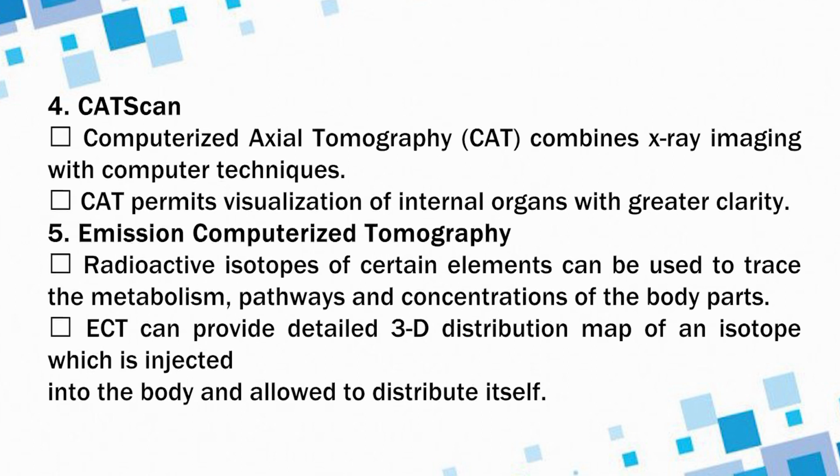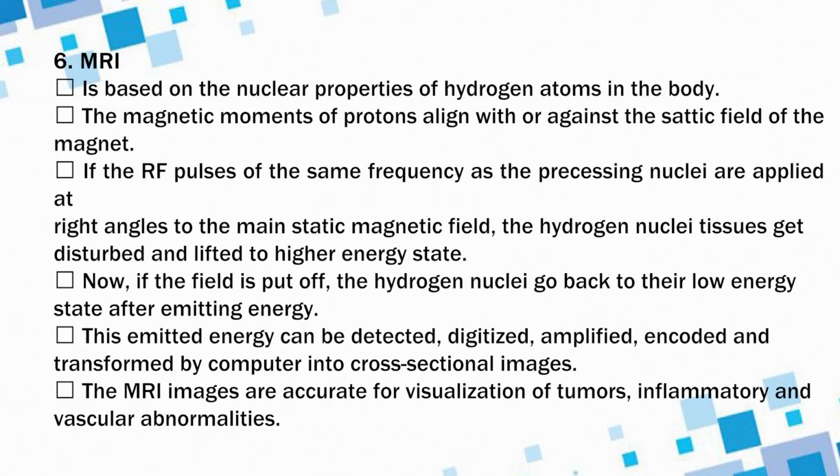Now sixth one, MRI. Magnetic resonance imaging is based on the nuclear properties of hydrogen atoms in the body. The MRI images are accurate for visualization of tumors, inflammatory and vascular abnormalities. All these diagnostic systems we have already seen in my various lectures.